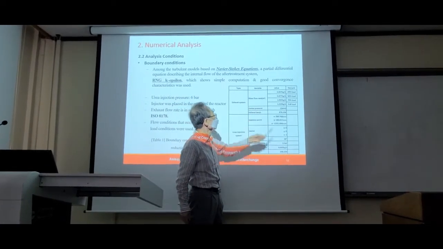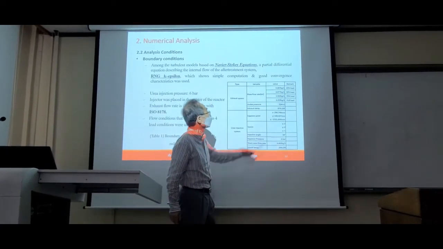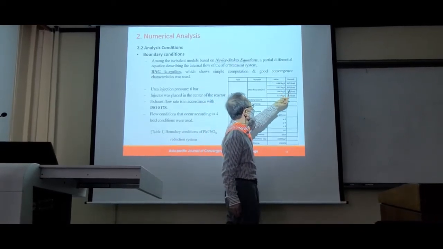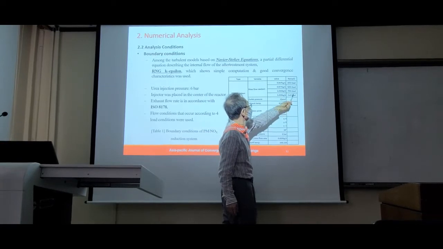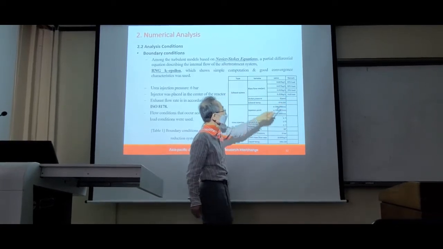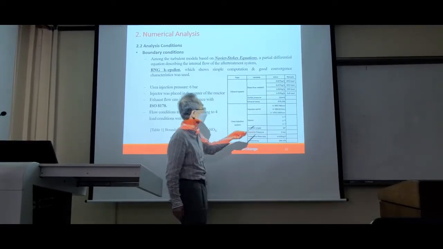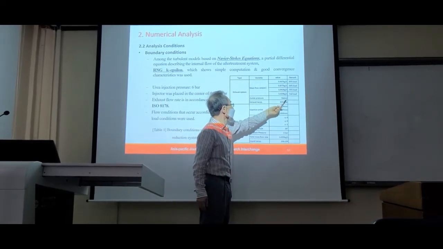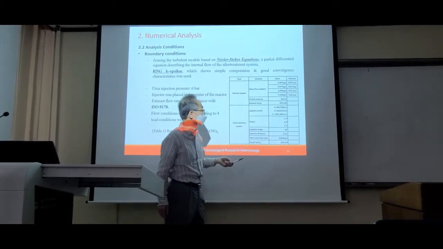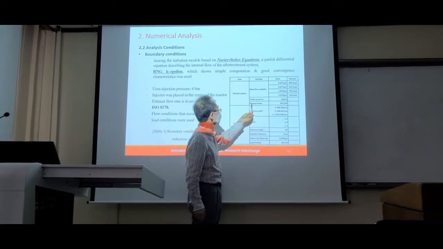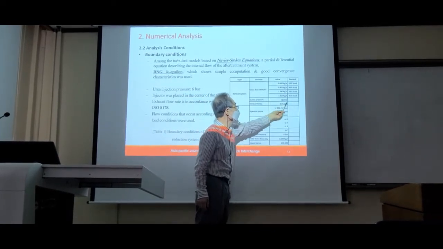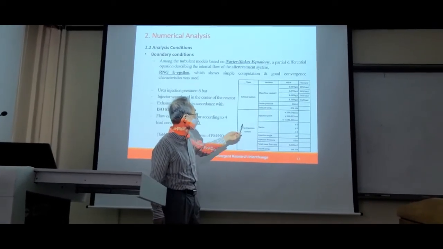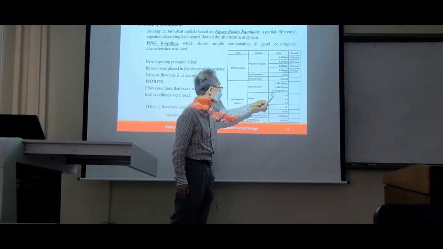The mass flow rate is a value like this, and we have different loads. Full load is 35, and this is 40, different flows. The outlet is atmosphere pressure, and the temperature is like this, and then we have this system.